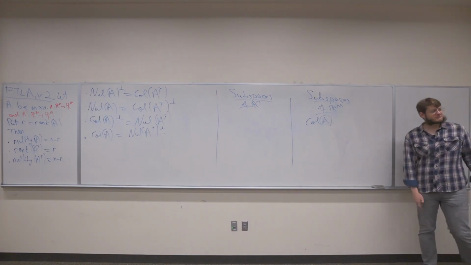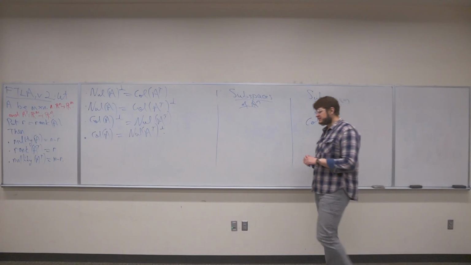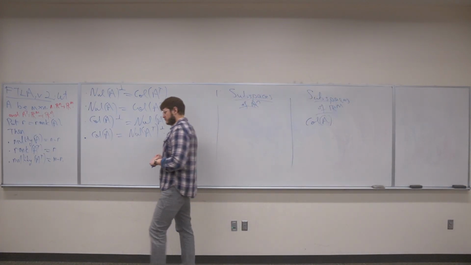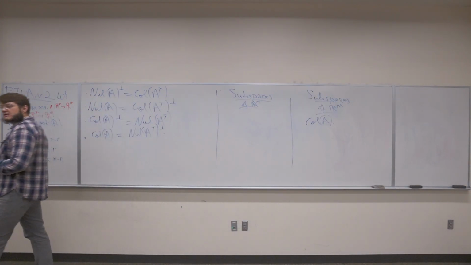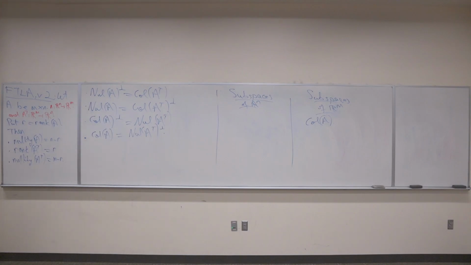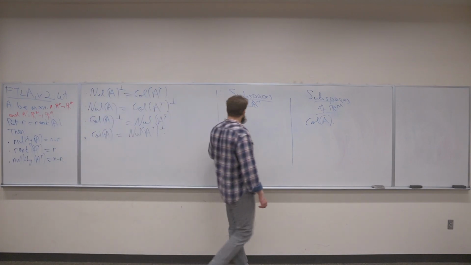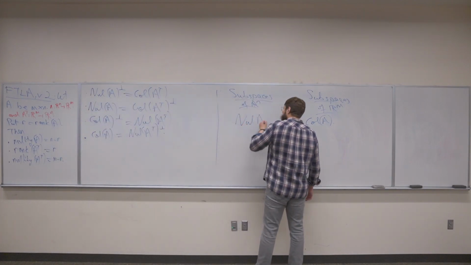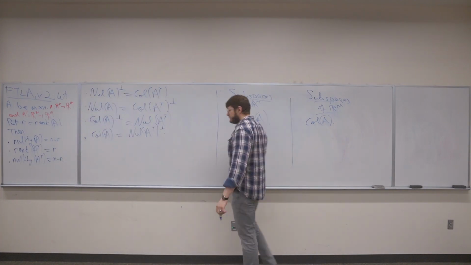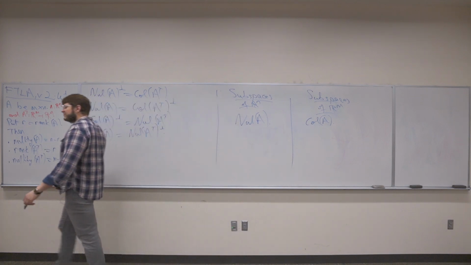Where is the null space of A? Using that same logic, it'd be in Rn because it's a subspace of the input space. Very good. Where is the column space of A transpose?